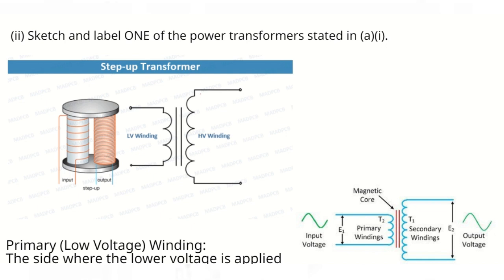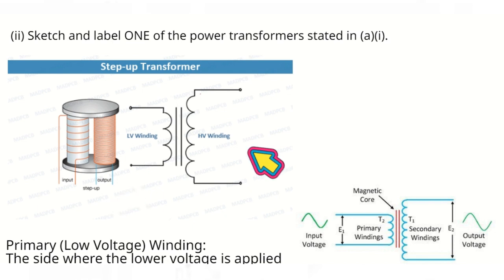Now part 2 says that we are to sketch and label one of the power transformers stated above, whether it is a step up or a step down transformer. In the step up transformer, the primary side, which is generally the incoming side, has a lower voltage. That's the side where the lower voltage is applied, so it has fewer turns than the secondary.